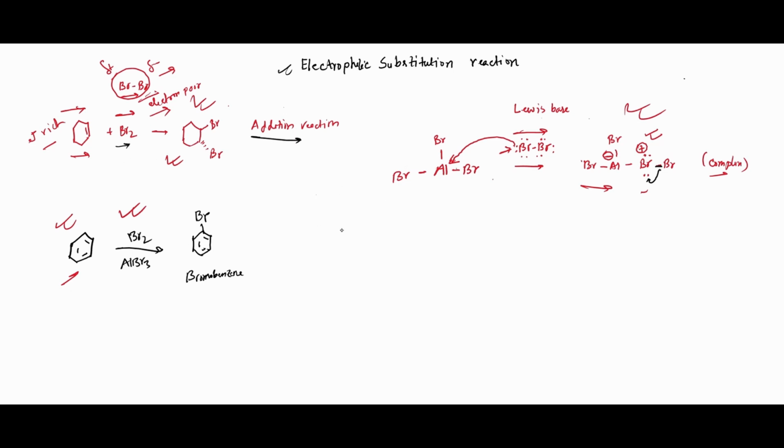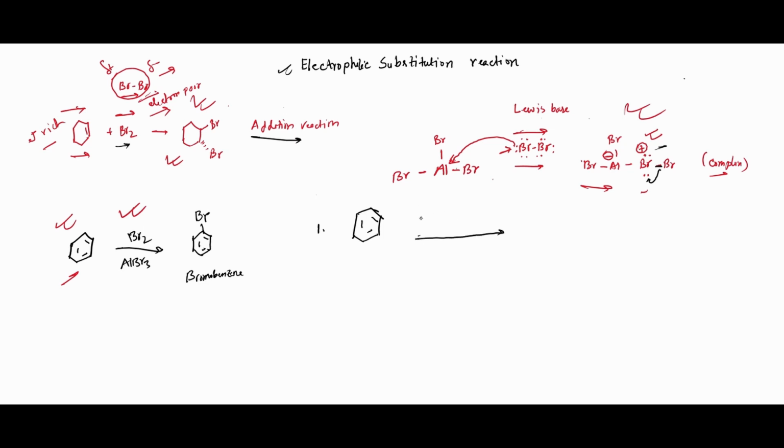So there are two steps in the reaction. The first step, we'll just write one. So we have this benzene ring already, and this is the nucleophile. In the first step, the nucleophile will attack the complex, right? For the positively charged bromine atom. So let's say that we have this complex.